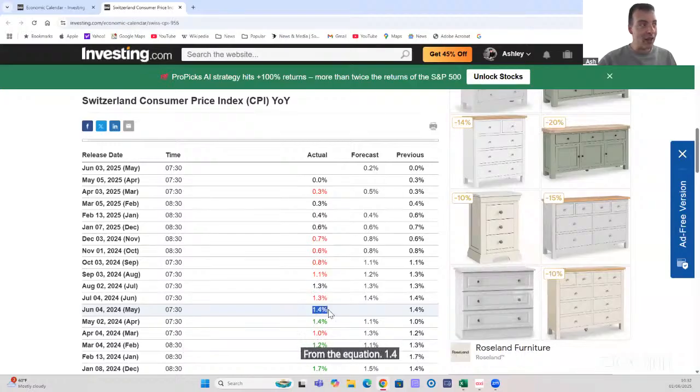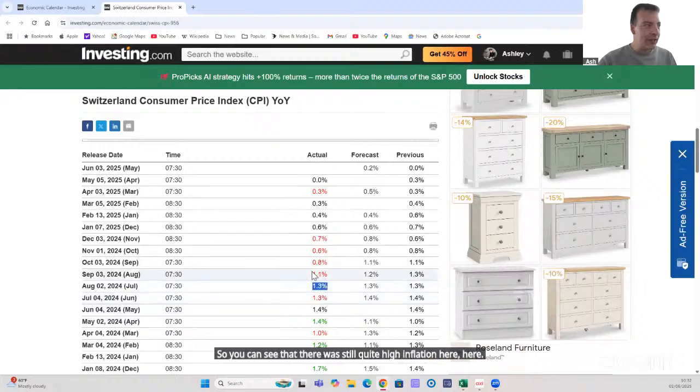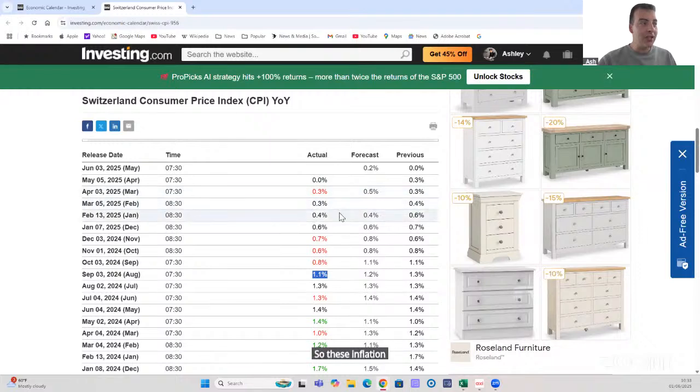1.4%. Now that's a big decline. 1.4% is a big decline. So you can see that there was still quite high inflation here, here, here, and here. They were all above 1%, when you consider where we are now. So these inflation numbers are decreasing.